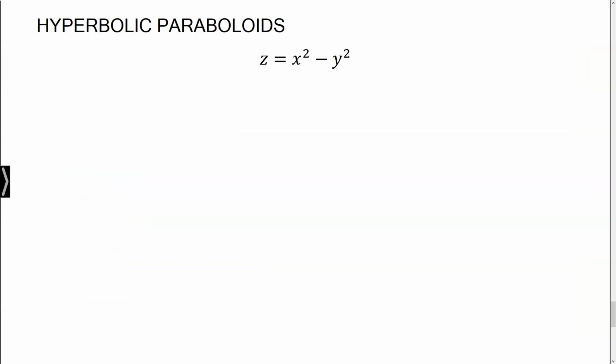Last but not least, hyperbolic paraboloids, the other type of paraboloid. The only difference between this and the elliptic paraboloid, when you're looking at it, notice we've got, again, a linear term here. And on the right-hand side, it doesn't really matter whether the linear term is positive.